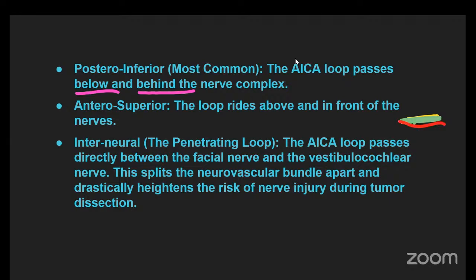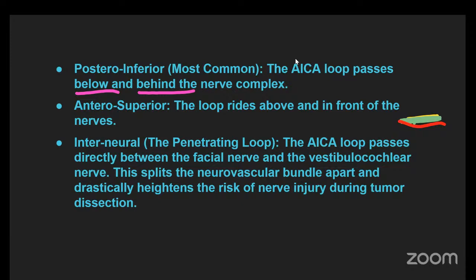Once we are doing the retrosigmoid approach, the first nerve that we see is the vestibulocochlear nerve. Similarly, the vessel that we will see will be AICA, unless the tumor is large enough that it is hiding it, or it has already branched. There are some variations.